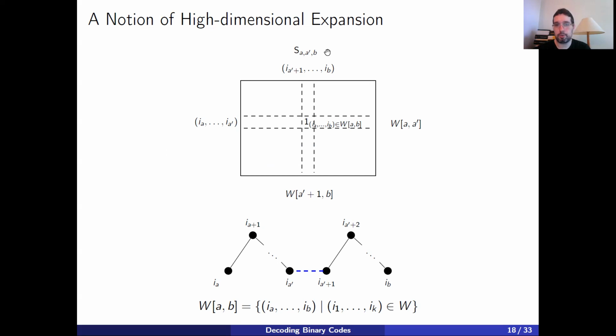So if you are given three indices, A, A prime, and B, then we can form an operator in which the rows are indexed by elements in W_A prime, the columns are indexed by elements in W_(A prime plus 1)B, and we have two tuples. So suppose that we fix a row here, we fix a column here, and we are going to put a 1 here if and only if you concatenate this tuple with this tuple, it belongs to the larger collection W_AB. If you concatenate the two, they would belong to W_AB, otherwise we'll put a 0. So we have this operator.